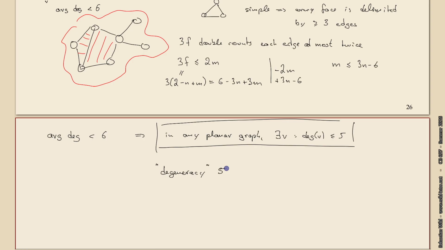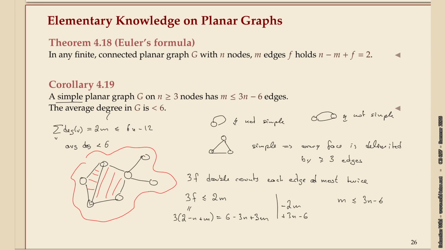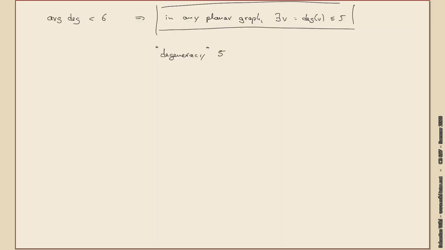So degeneracy is the property that in a graph I can find a vertex of at most that degree, and also if I take any induced subgraph, the same is true. Say degeneracy D.